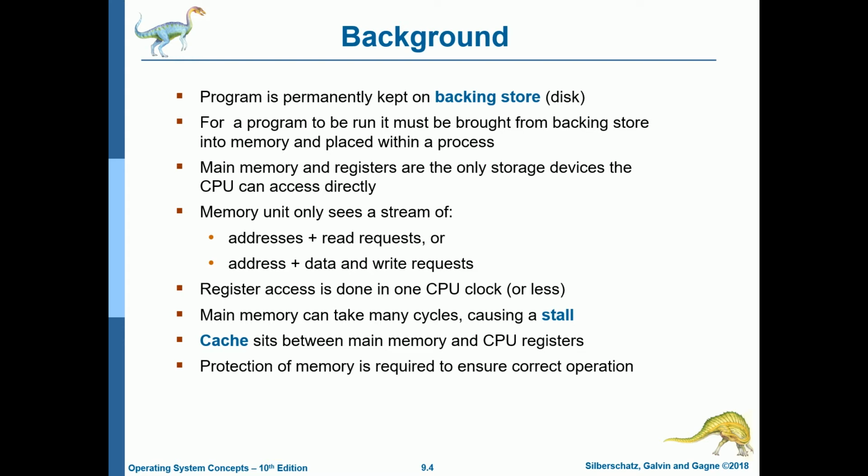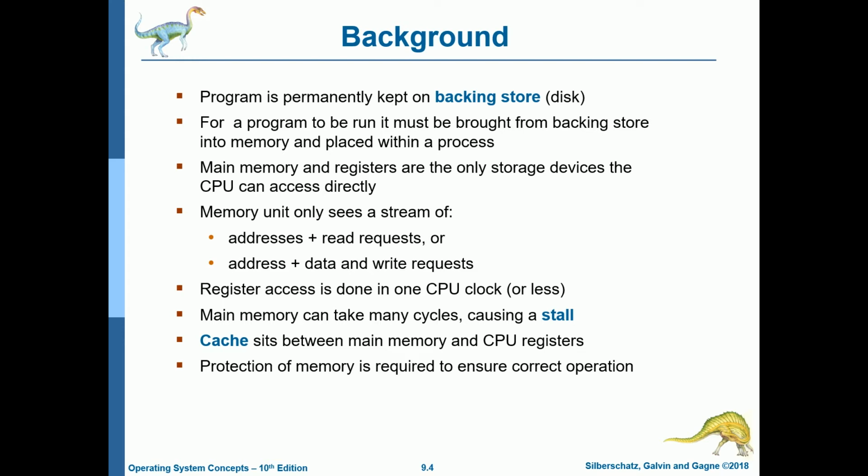The same cannot be said of main memory, which is accessed via a transaction on the memory bus. Completing a memory access may take many cycles of the CPU clock. In such cases, the processor normally needs to stall, since it does not have the data required to complete the instruction that is executing. This situation is intolerable because of the frequency of memory access.